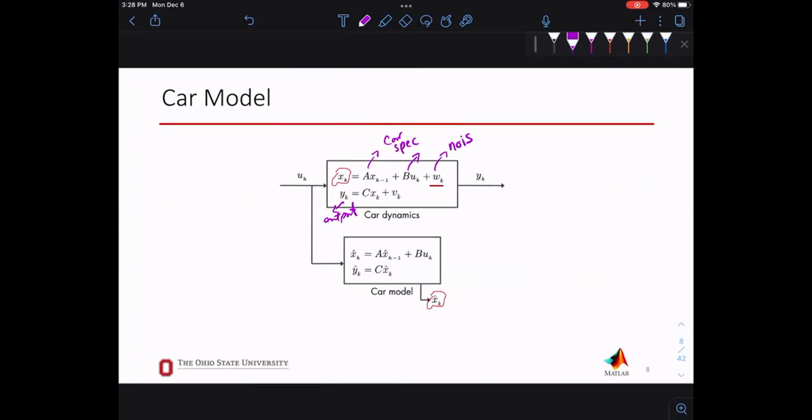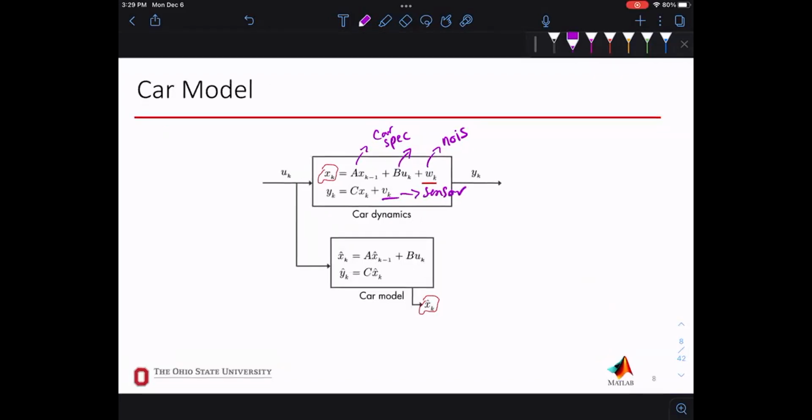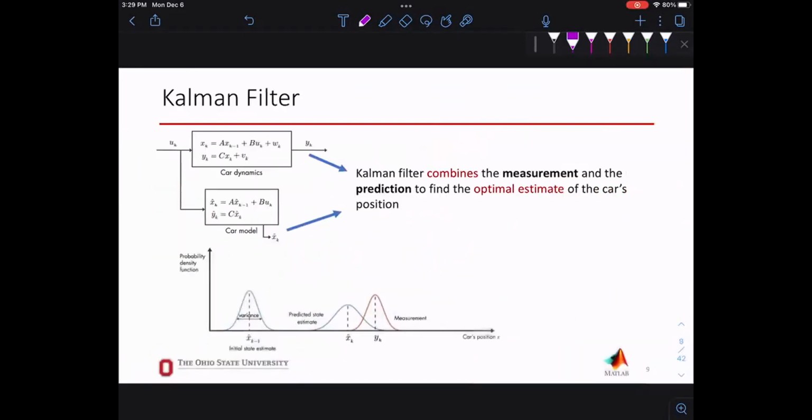You can put a sensor; let's say this reads from a sensor, because I have sensor noise. I modeled that car to be this. My model is going to give me y hat for the output, an estimate of the output. And the sensor is going to measure the output that it sees with some noise, and throw it away here. So between these, you need to have something to combine them.